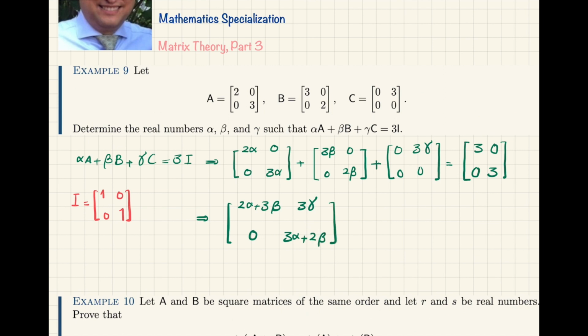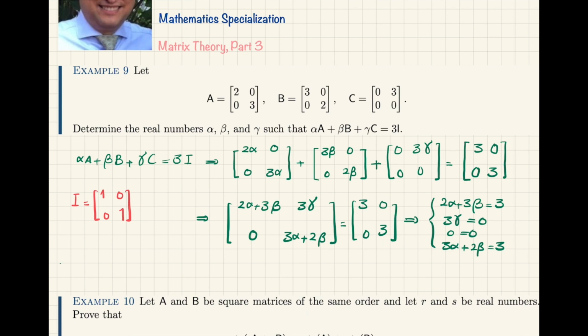This is supposed to be equal to 3, 0, 0, 3. So this gives rise to a system of equations. So 2 alpha plus 3 beta is equal to 3, 3 gamma is equal to 0. Of course 0 is equal to 0 is already satisfied, and then I will have 3 alpha plus 2 beta is 3.